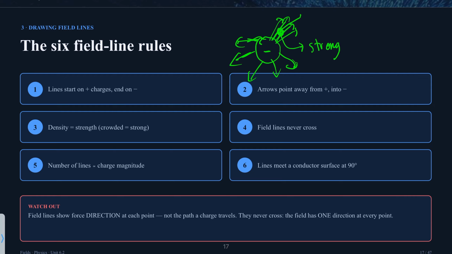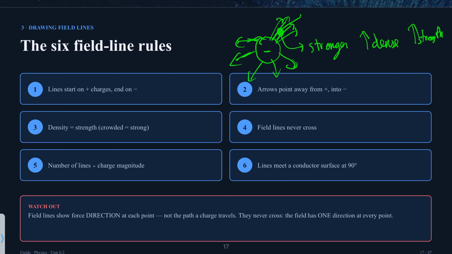More dense is equal to more strength, because that makes sense. There are a lot of field lines there, so obviously they're going to coincide and give you a stronger push or pull, a stronger field in that area. So there you go, more density is more strength. You want to keep those in mind. Density, density, density, that's your code word for field strength.